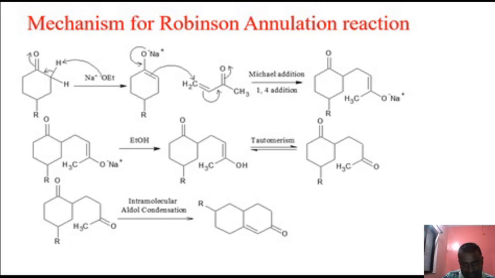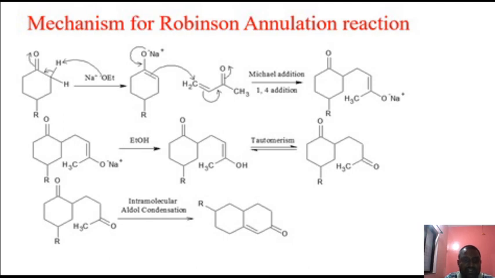In the second step, this is the intramolecular aldol condensation. We have not shown mechanism there, but I explain it. Listen carefully. This CH3 group is deprotonated by sodium ethoxide, generates carbanion, that is CH2 minus Na plus.